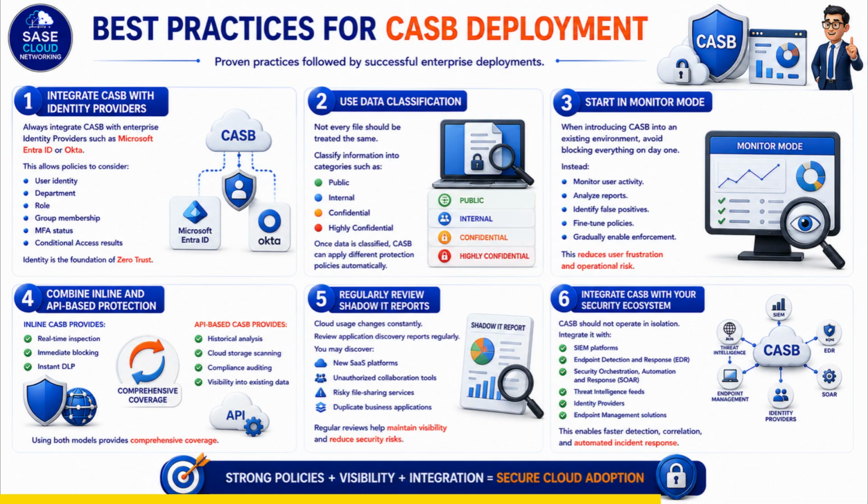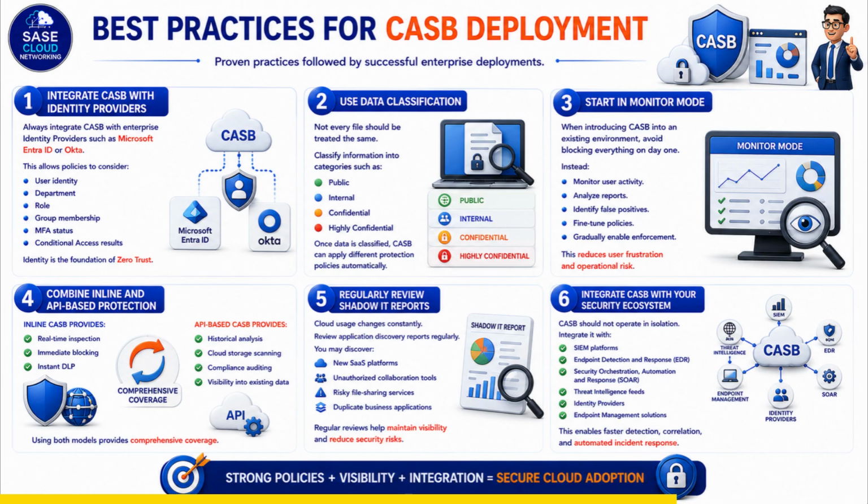4. Combine inline and API-based protection. Inline CASB provides real-time inspection, immediate blocking, instant DLP. API-based CASB provides historical analysis, cloud storage scanning, compliance auditing, visibility into existing data. Using both models provides comprehensive coverage. 5.